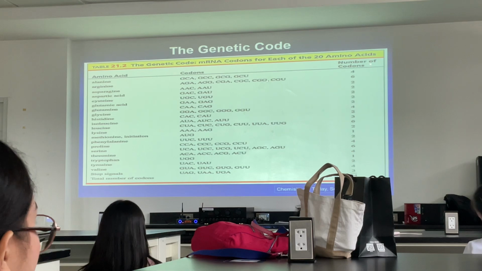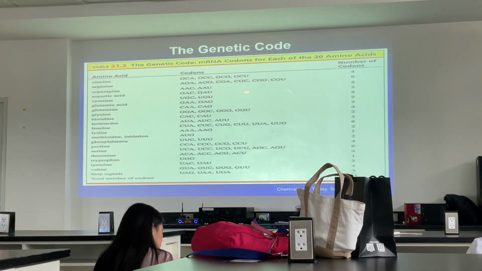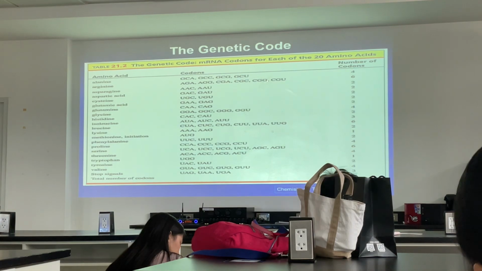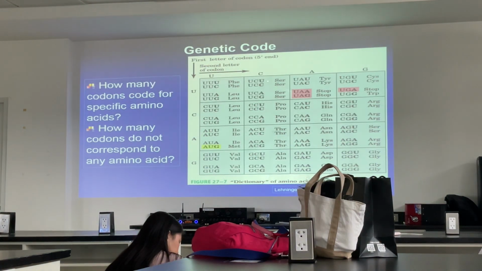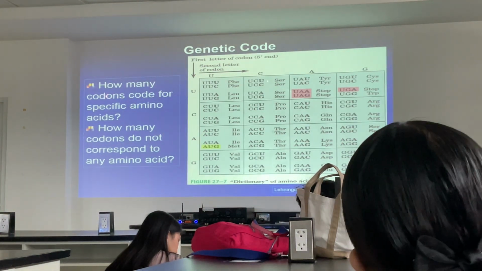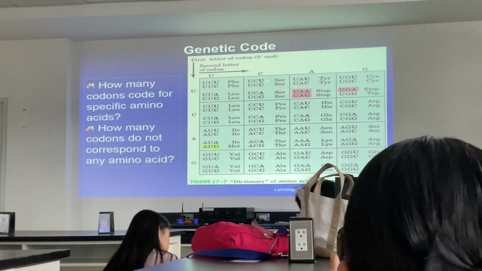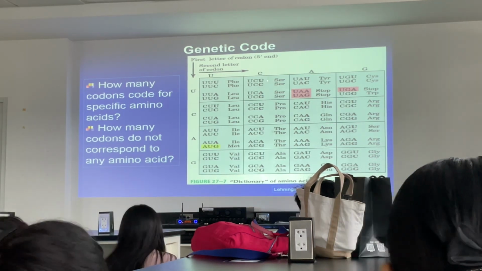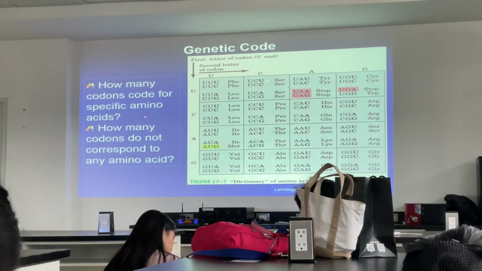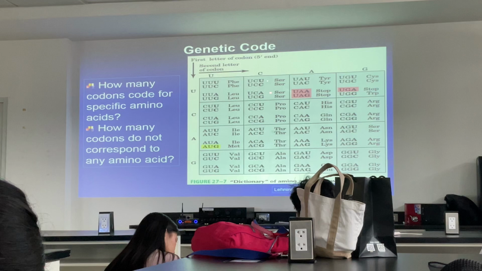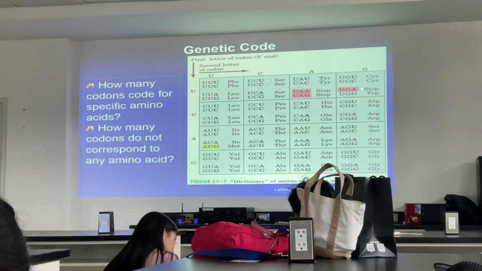So these are the number of codons coding for the synthesis of a specific amino acid. So how many codons code for specific amino acids? There are 61, because 3 codons are stop codons.